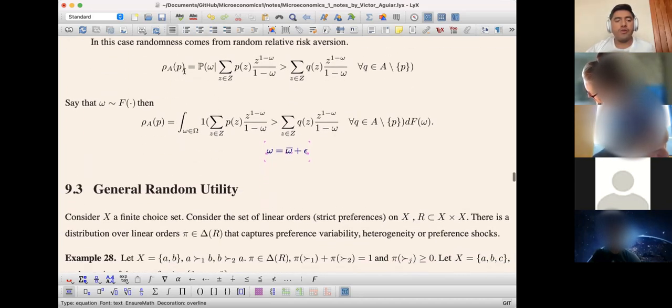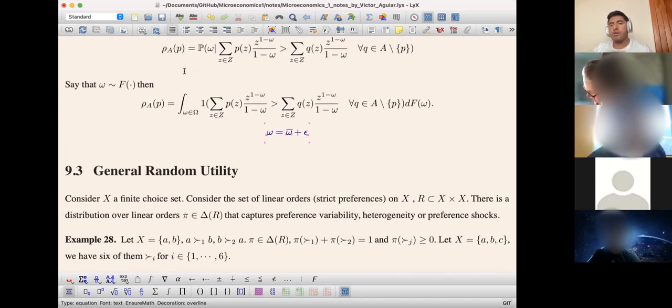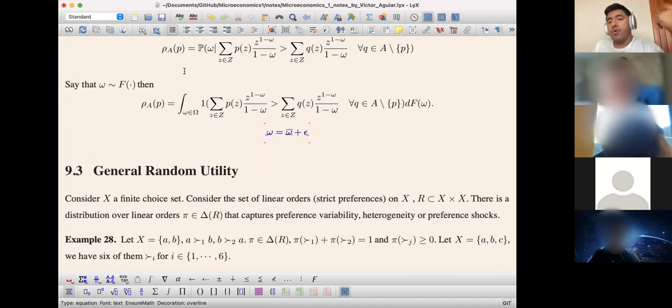Good. Now, okay, so we're done with the expected utility world. We're done with the logic. So now let's get serious. Now let's do what is missing. As we studied the deterministic utility framework, we ended up deriving this equivalence theorem, saying that maximizing a utility function is equivalent to the GARP, the generalized axiom of revealed preference.